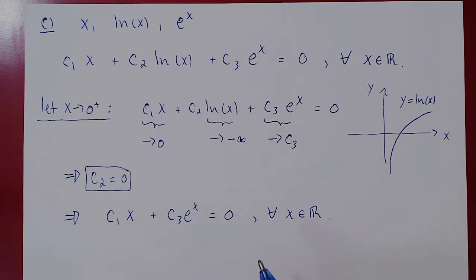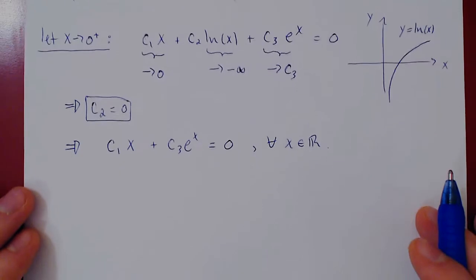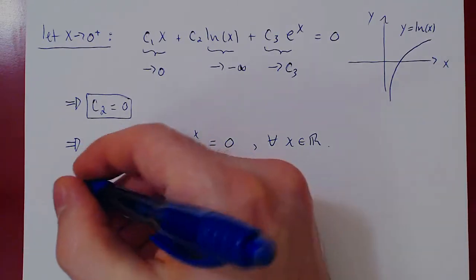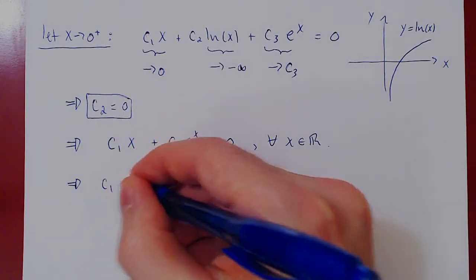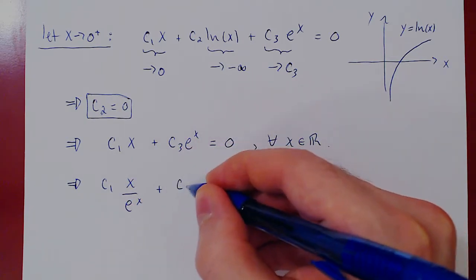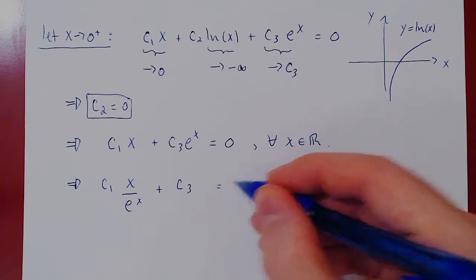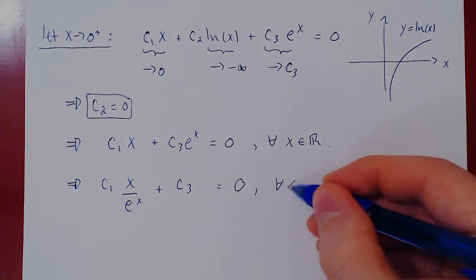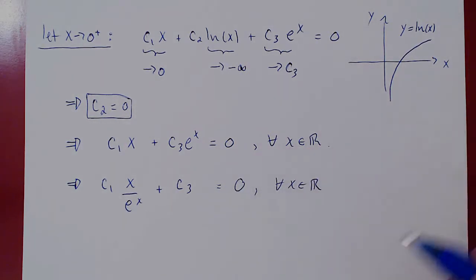Well, what we can do is divide across by e to the x. E to the x is always positive, and so we can divide across the equality, which will give us c1x over e to the x plus c3 equals 0 again for all real values of x.